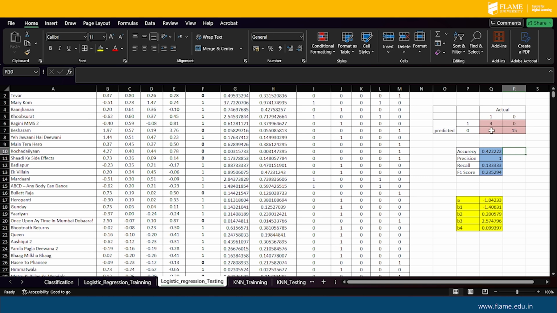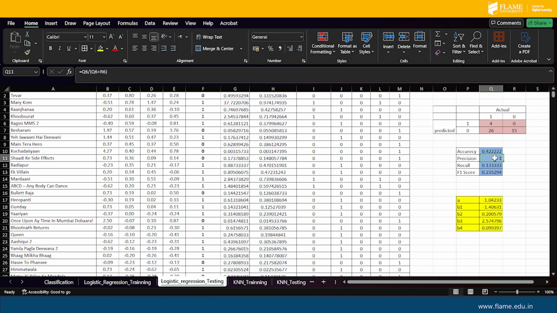Now based on this we can calculate the accuracy of our prediction model. Accuracy is total correct predictions, that is 4 plus 15, divided by the total number of predictions, that is 4 plus 26 plus 15, so 45. So that is 19 by 45, that is the accuracy level.